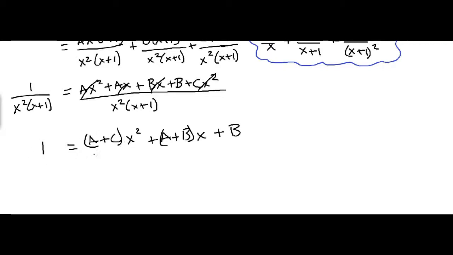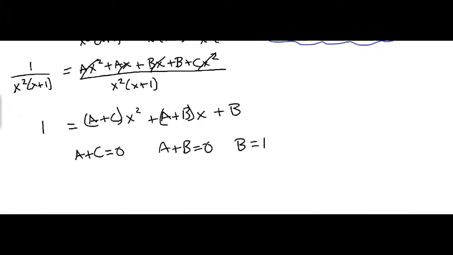Since there are no x squared terms on the left-hand side, that tells us that a plus c equals 0. There are no x terms on the left-hand side, so we know that a plus b equals 0. And since the constant is b on the right-hand side and 1 on the left-hand side, we know that b equals 1.